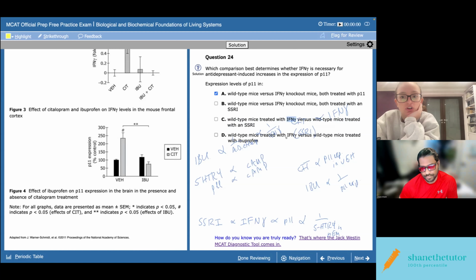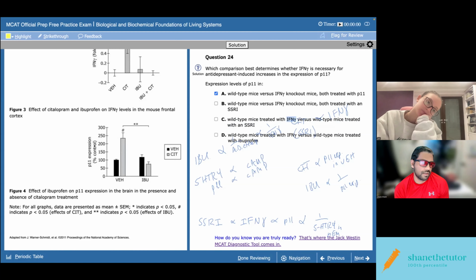So if there was an answer choice saying ibuprofen versus SSRI, that would make sense to me. Ibuprofen versus SSRI, from the P11 expression, because that's what it was saying, expression percent of control. So we have the control group on SSRI.